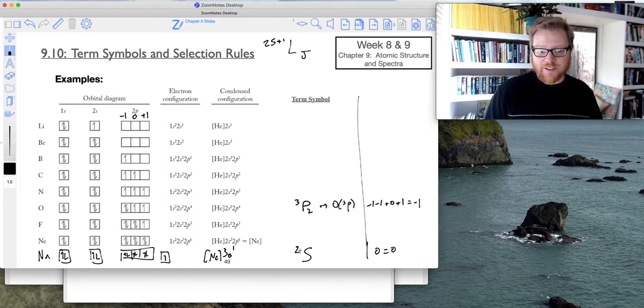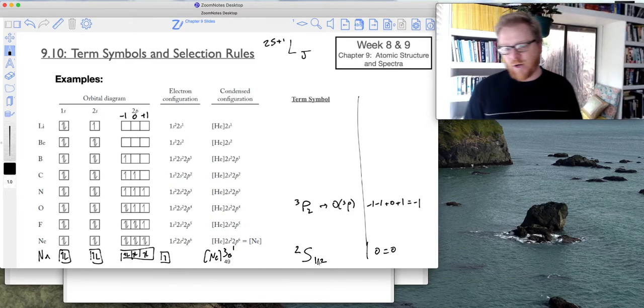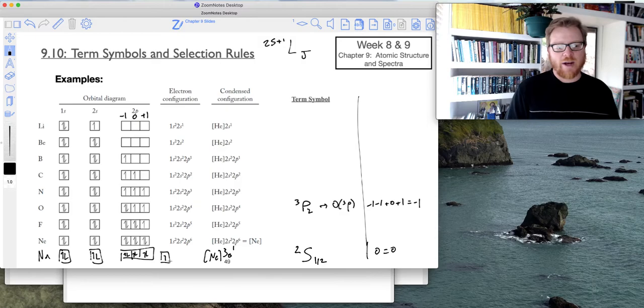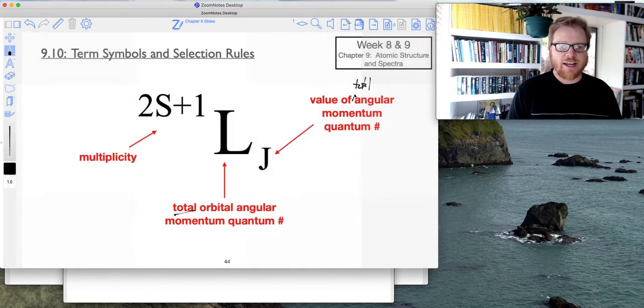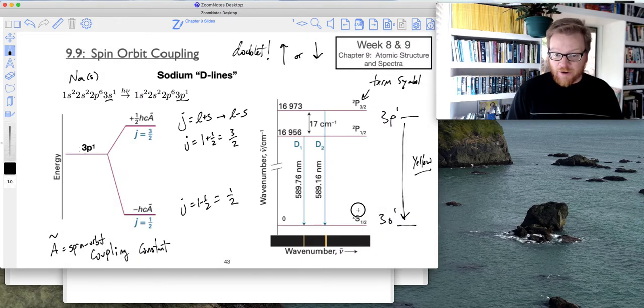So the only possibility becomes doublet S 1/2 because 0 plus 1/2 is 1/2. I can't go to negative 1/2. So doublet S 1/2 is my term for sodium. And if we go back for a second, yep, there it is: the ground state, doublet S 1/2.